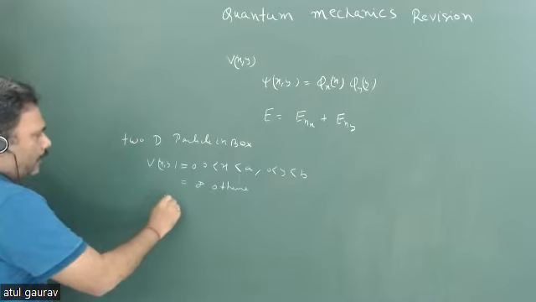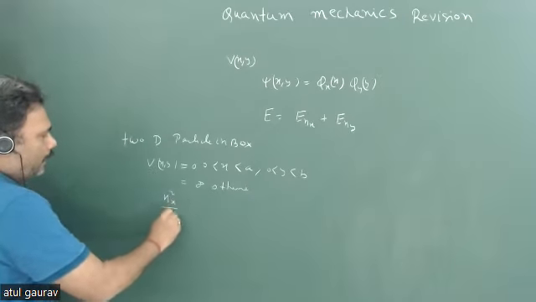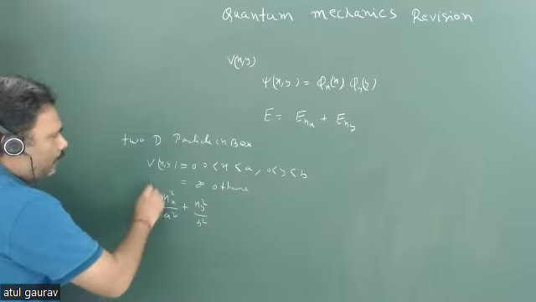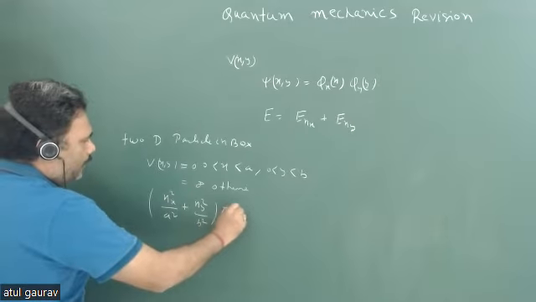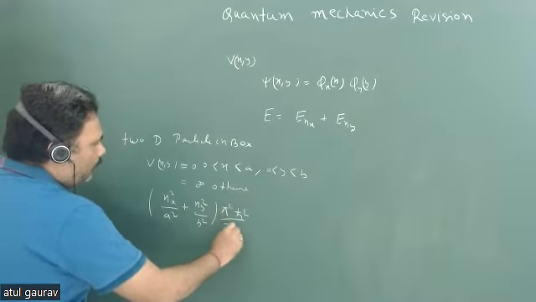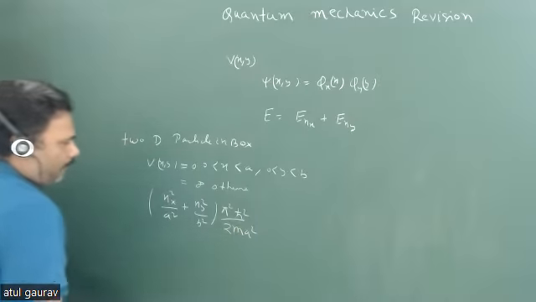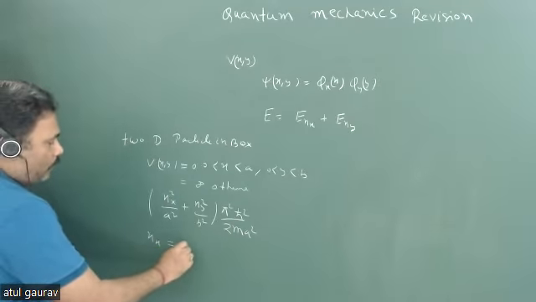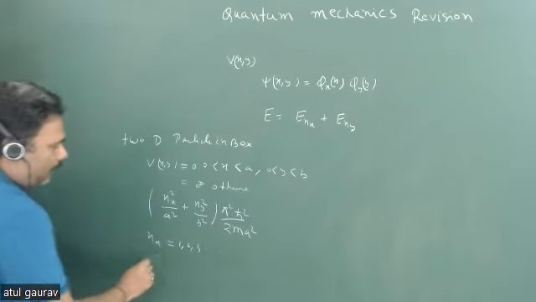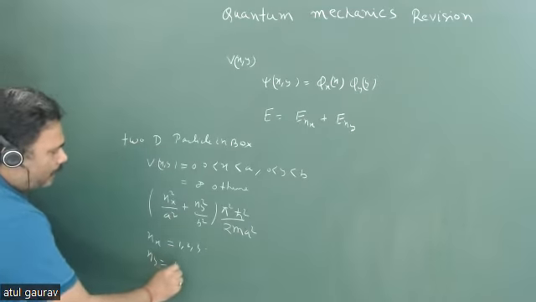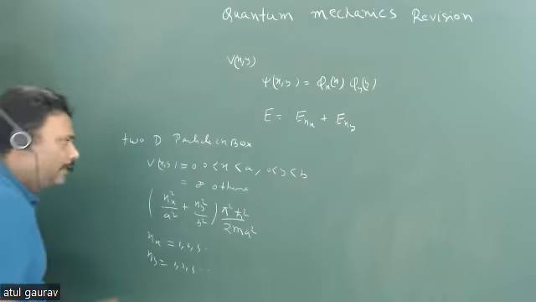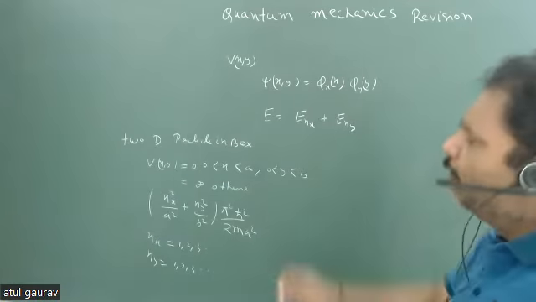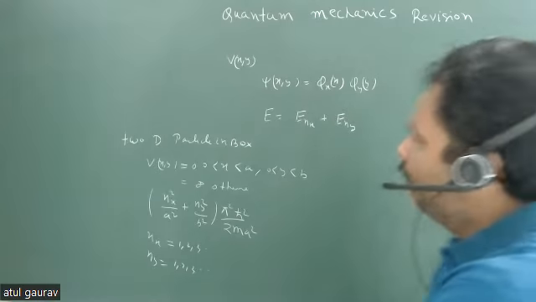Then your energy eigenvalue is (nx squared upon a squared plus ny squared upon b squared) times pi squared h-cut squared upon 2m, where nx is equal to 1, 2, 3 independently and ny is equal to 1, 2, 3 independently.